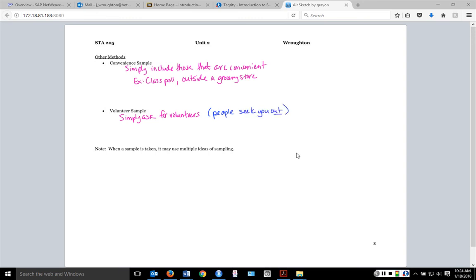Normally it's the other way. I was like, oh, would you fill out my survey? Oh, would you fill out my survey? Right, people no matter what have to volunteer to fill stuff out. But when I talk about a volunteer sample, it means I don't seek people out, they seek me out to fill it out instead. So again, this you is the researcher.